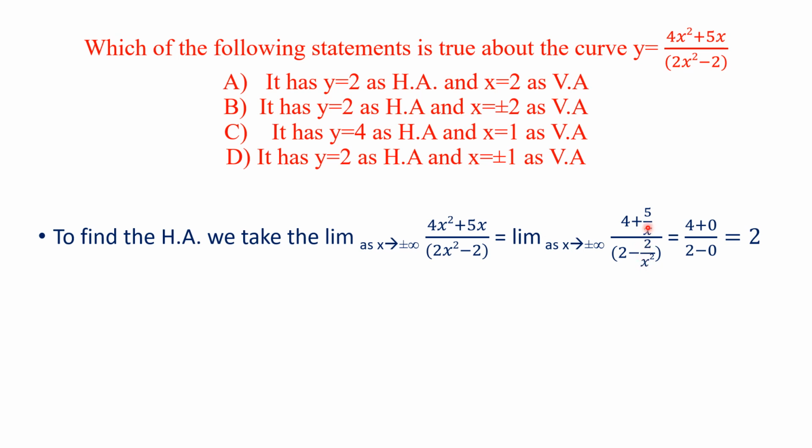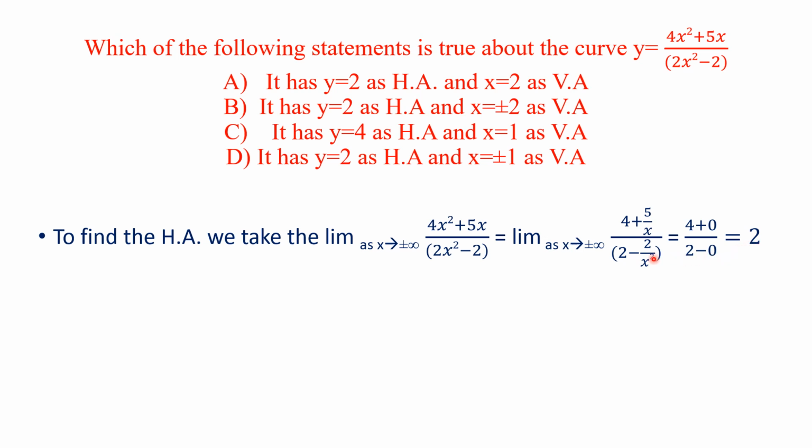Now if we take the limit as x goes to positive infinity or negative infinity, we will figure out that 5 over x will diminish, become equal to 0, and 2 over x squared will also diminish, becomes 0. So what will be left is 4 divided by 2, which is also equal to 2. So we can conclude that the horizontal asymptote is at y equals 2.